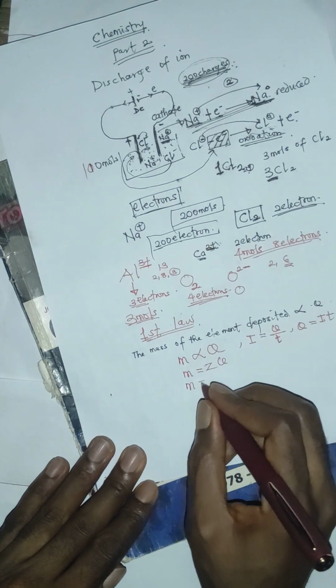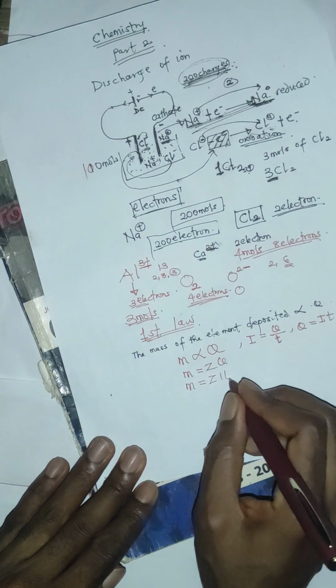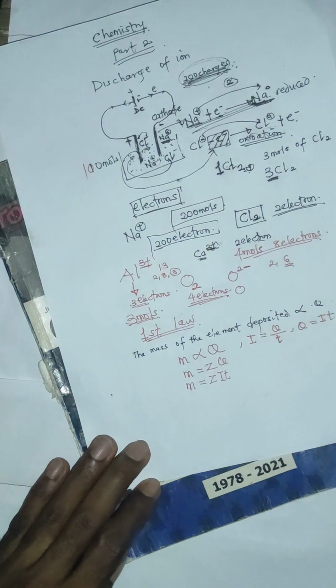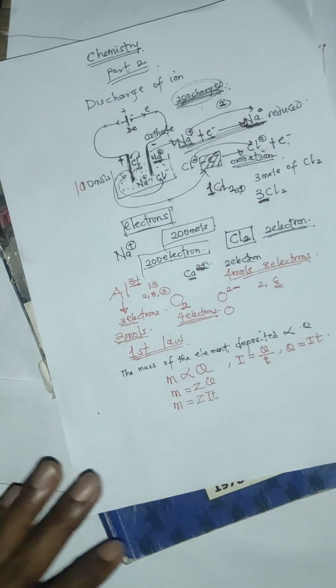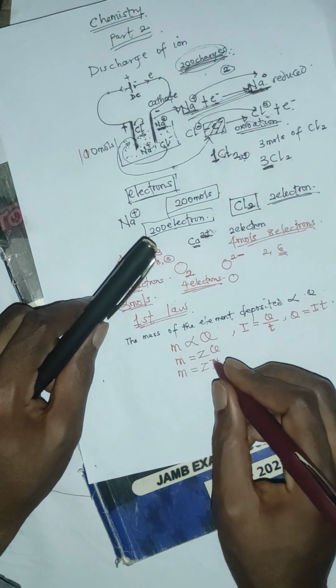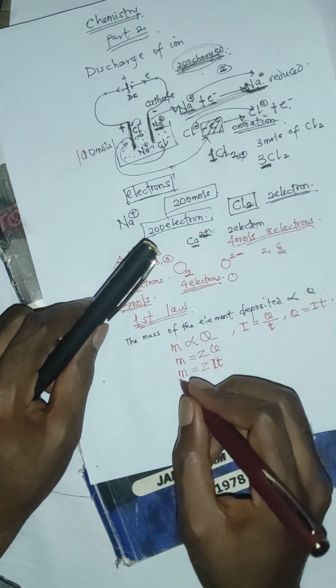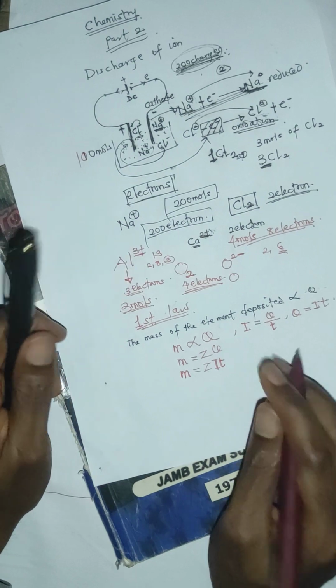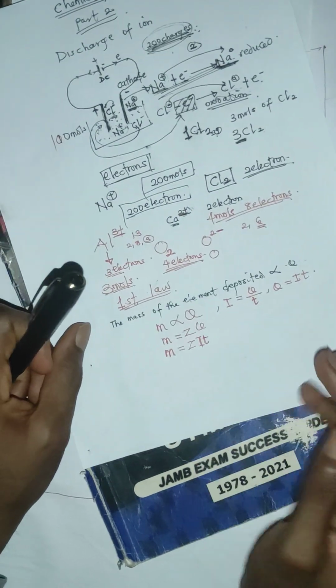So the mass equals ZIT. The Z is a constant that we call electrochemical equivalent. I is current and T is time, where M is the mass of the element deposited.